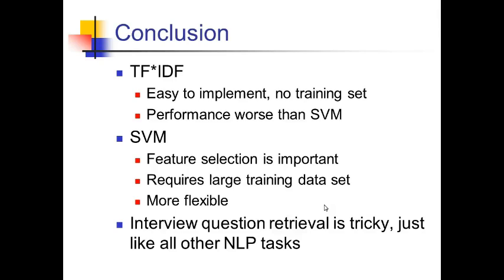And the SVM often requires a large training data set, but it is more flexible because you can put a lot of complicated features in the input vector. For example, the semantic analysis of the words can be somehow contained in the feature vector.